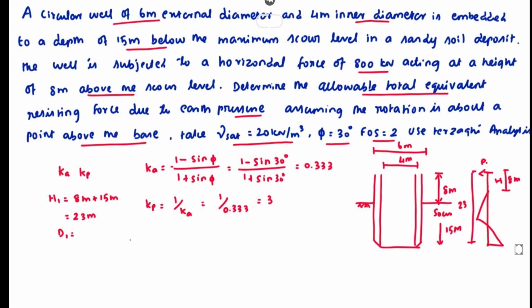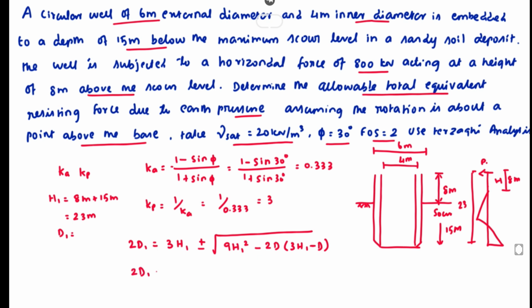We can use the formula D1 equal to 3 H1 plus or minus root of 9 H1 square minus 2D into 3 H1 minus D. This is the formula we can use to find the D1 value for rotation above the base.